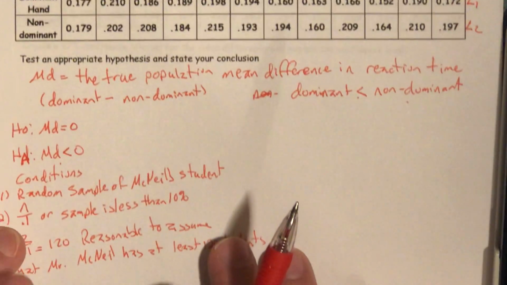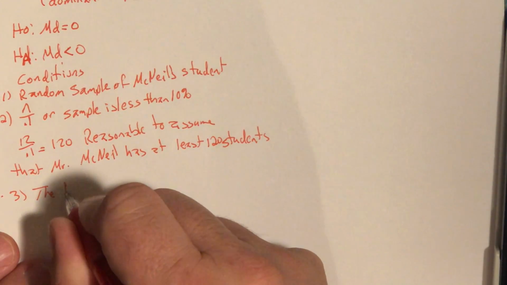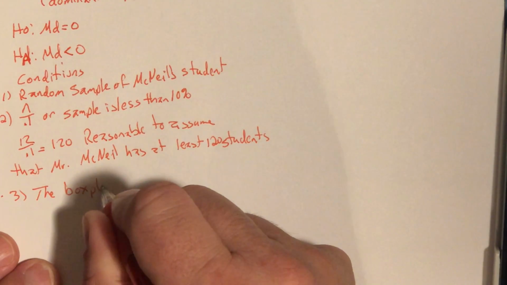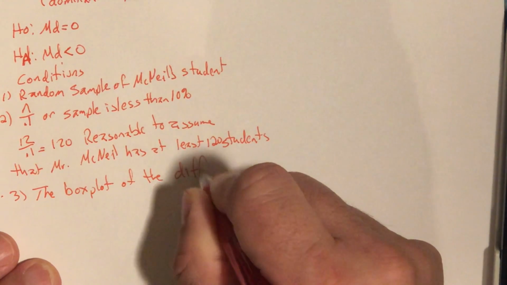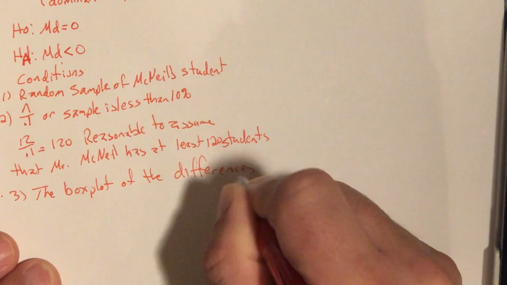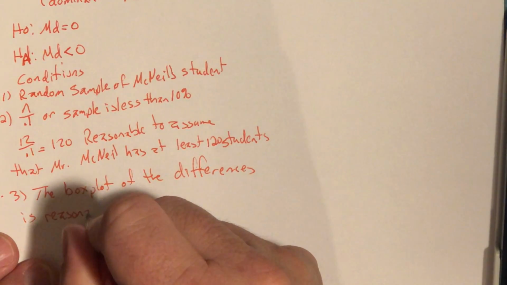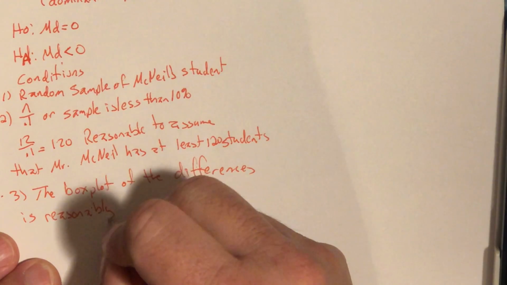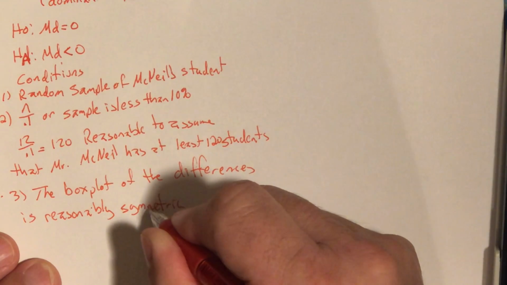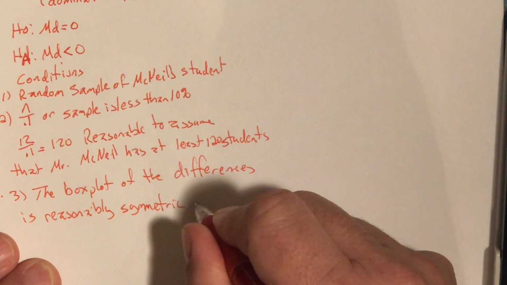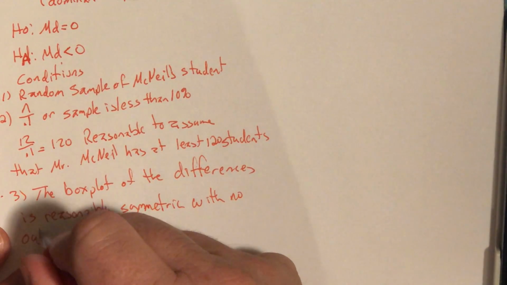So the box plot of the differences is reasonably symmetric with no outliers.